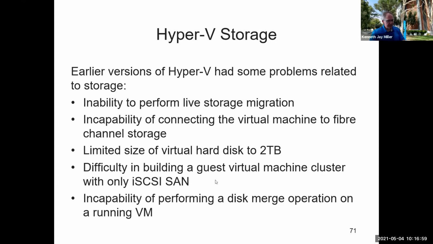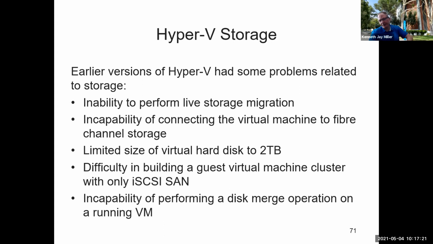It didn't work well with iSCSI, and the disk merge operation on a VM was incompatible. If a VM was running, you couldn't merge it, so you had to turn it off, merge it, turn it back on, and then it would complete the merge, which was time intensive.